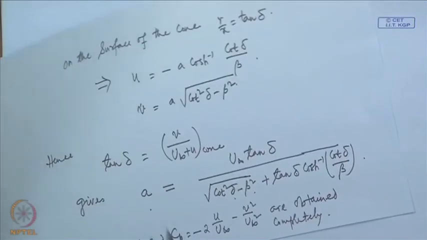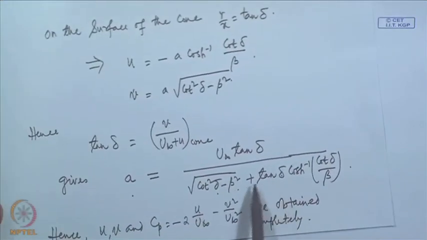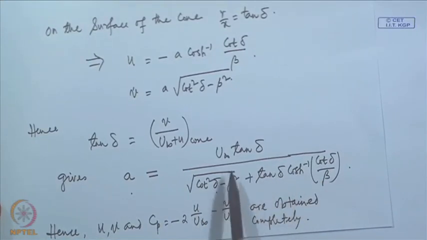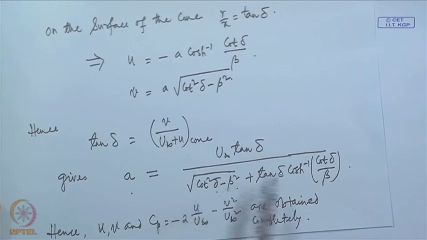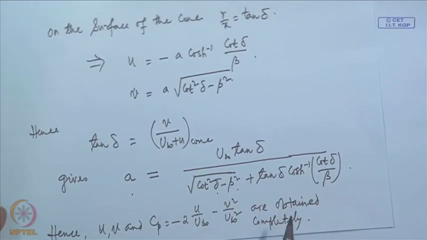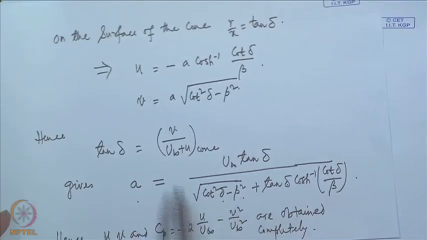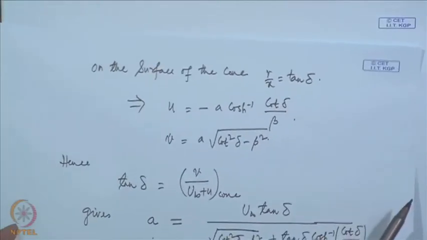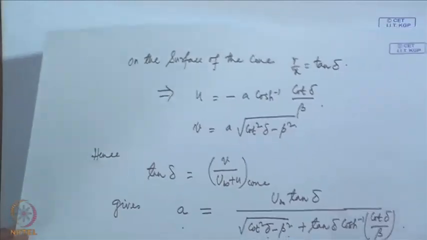We can see here that this coefficient of a is not a very simple form. However, this expression can be greatly simplified if we consider a very slender cone, which we will do in our next class.